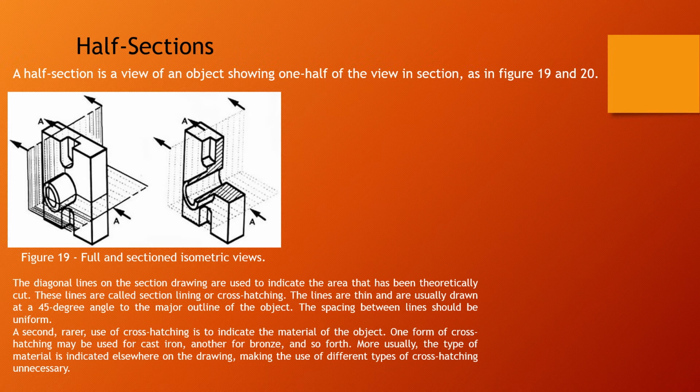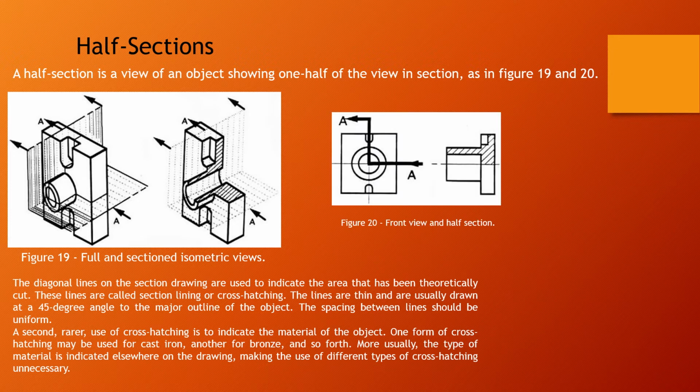A second, rarer use of cross-hatching is to indicate the material of the object. One form of cross-section hatching may be used for cast iron, another for bronze, and so forth. More usually, the type of material is indicated elsewhere on the drawing. Making these different types of cross-sectional hatching is necessary. You can see in figure 20, front view and half section.